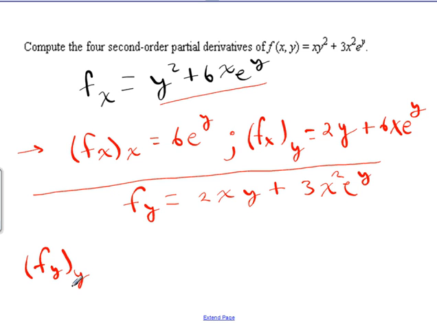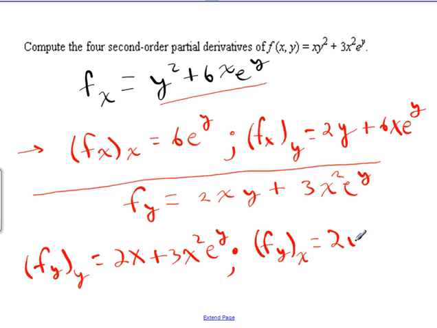So as y changes, how is my first order partial derivative changing? That's going to be 2x plus 3x squared e to the y. And my partial with y, as x changes, we get 2y plus 6x e to the y.